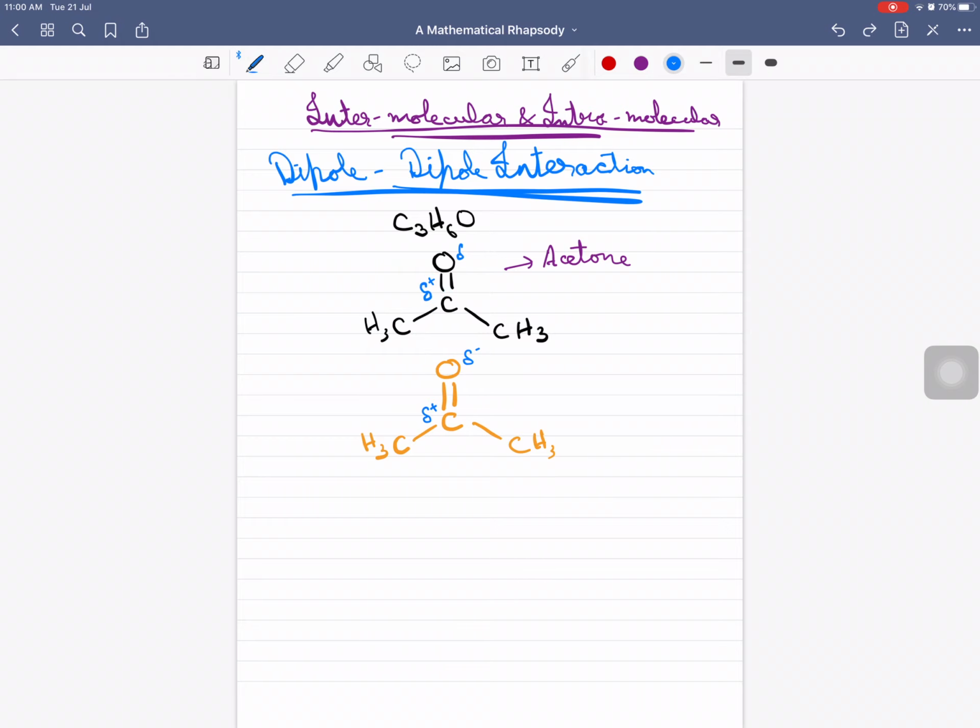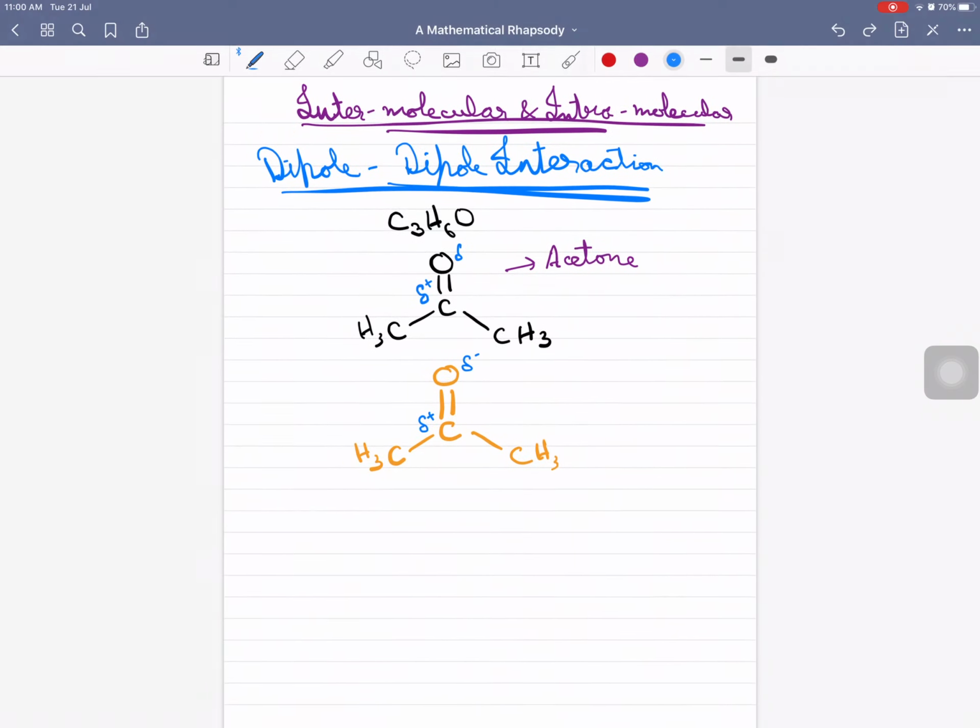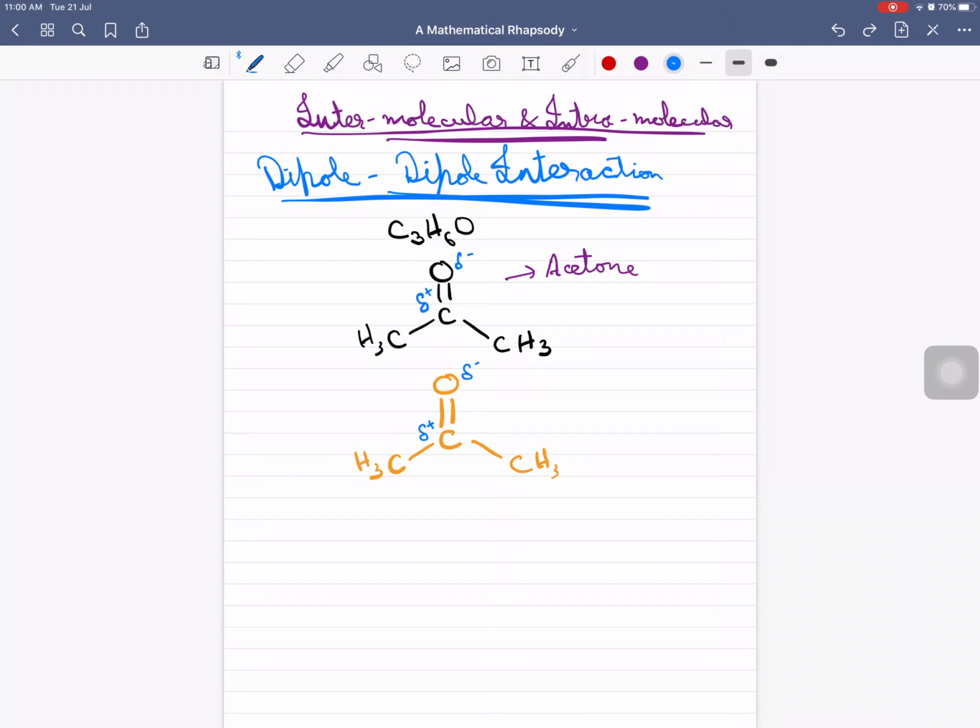As we know, opposite charges attract. But this is a very weak force of attraction since it's only partial, right? So this is exactly what is called a dipole-dipole interaction, right?